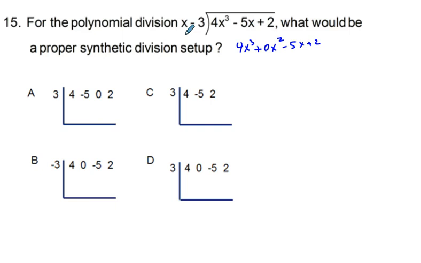So x equals 3 is our zero, so 3 will go on the outside, not negative 3. And we're going to have 4, 0, negative 5, 2. So D is our correct answer for 15.